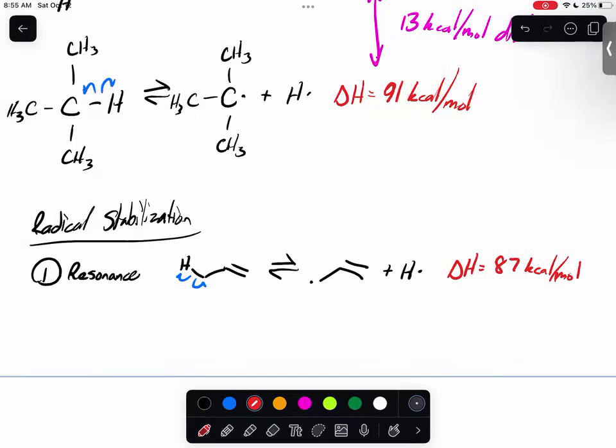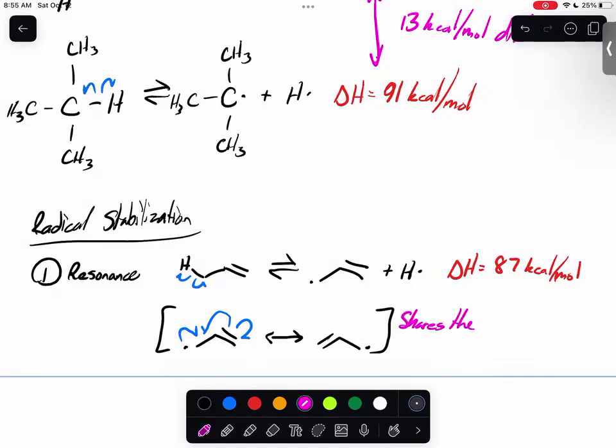But the reason is because once it's in that form of the product, the radical can perform resonance. Okay? And so it can essentially go from one carbon, form the alkene, and move to the other one. And it's the same as any other time we've done resonance, where in this case, it shares the missing octet, which stabilizes it.